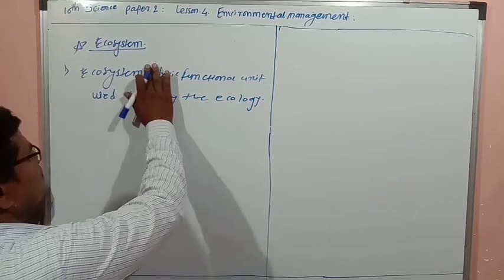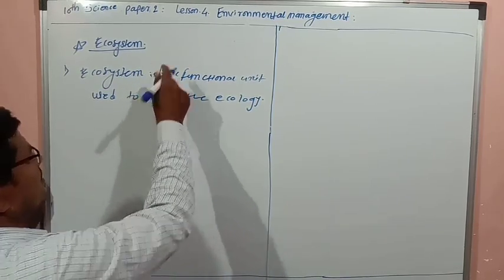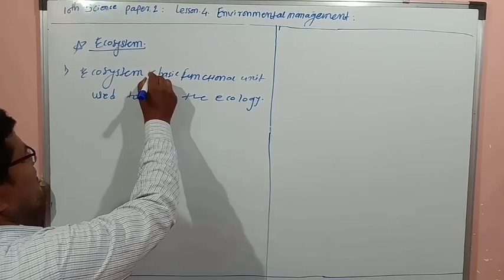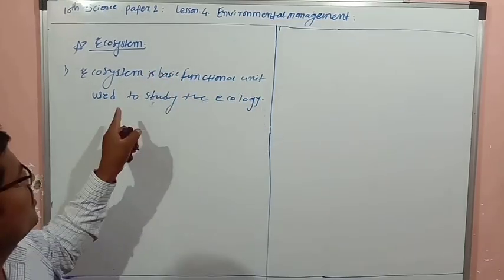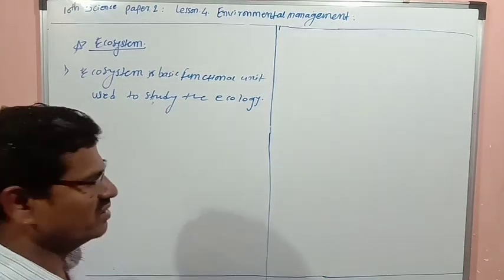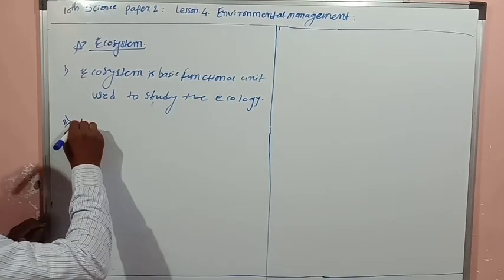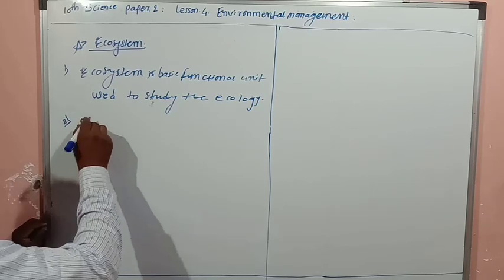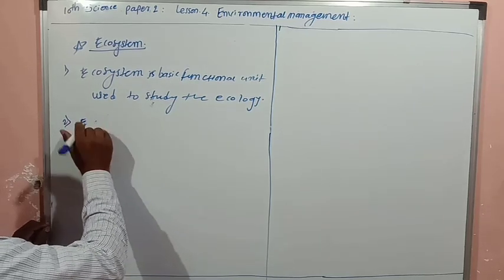Ecosystem is a basic functional unit used to study the ecology. The second point is related to ecology.